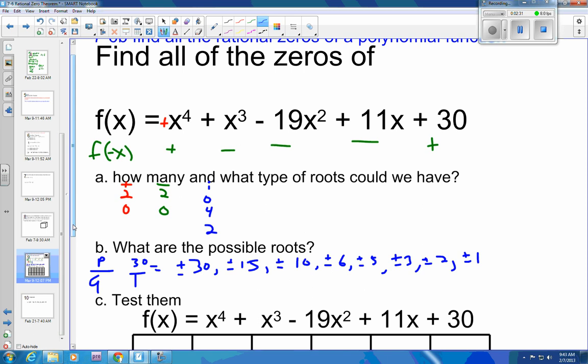Those are all the numbers that we have to test. So 1, 2, 3, 4, 5, 6, 7, 8. Possible test of 16 different numbers in order to figure out our actual roots here.